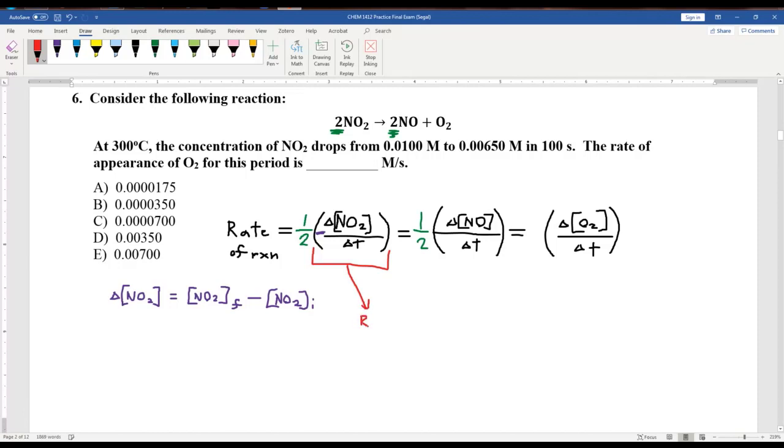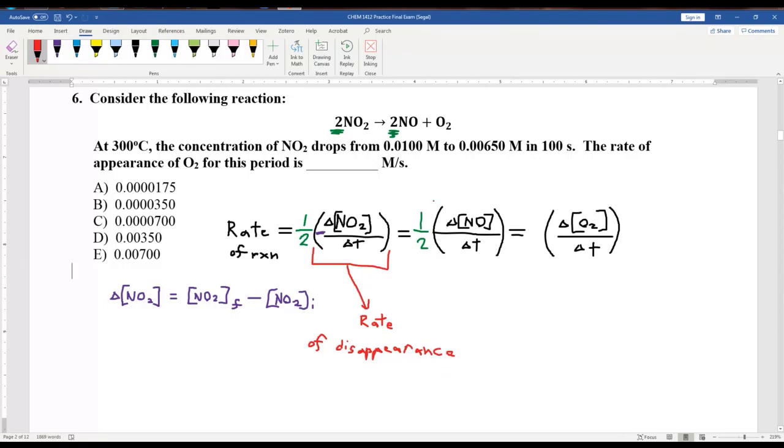This is the rate, and because it's a reactant, this would be called the rate of disappearance. So this is the rate of disappearance.